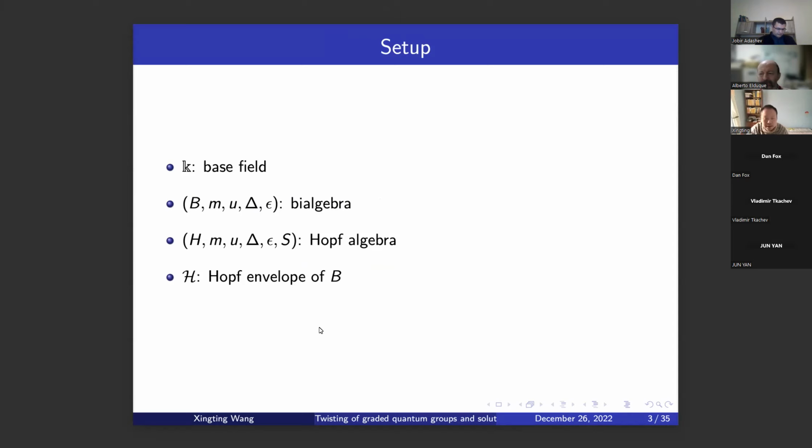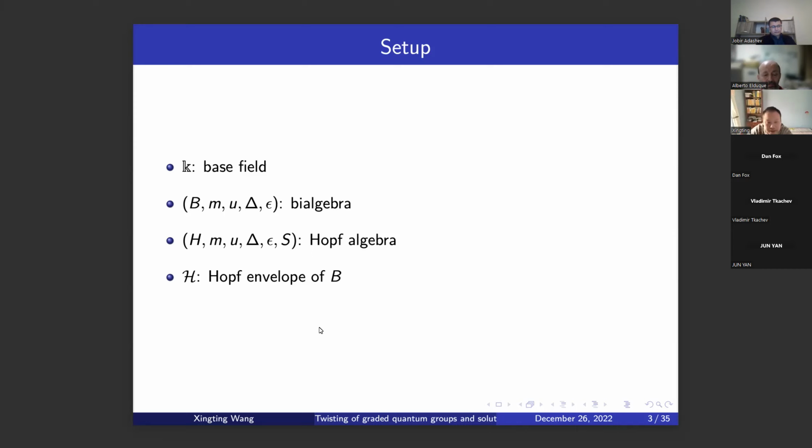I'm going to use the standard notation B for a bialgebra with structure maps, the multiplication denoted by m, the unit map u, with the coalgebra structure given by delta and epsilon. Additionally, if a bialgebra has an antipode, we say it's a Hopf algebra. Most of the time, people like to say Hopf algebra or quantum group, so in my dictionary, they are the same. A Hopf algebra is a quantum group.